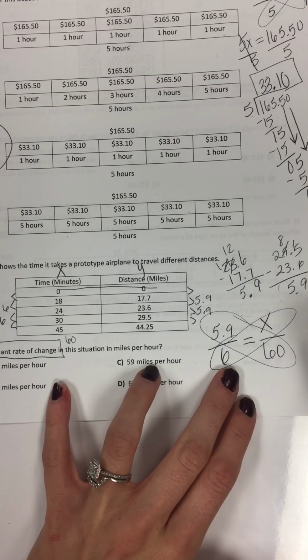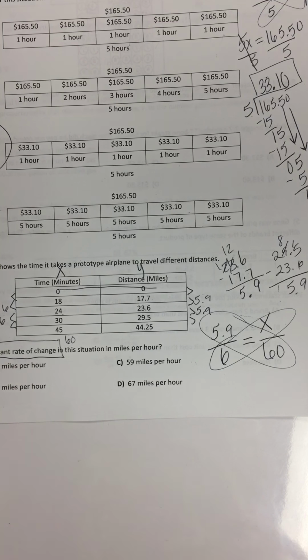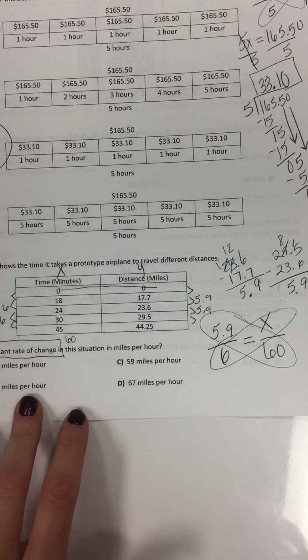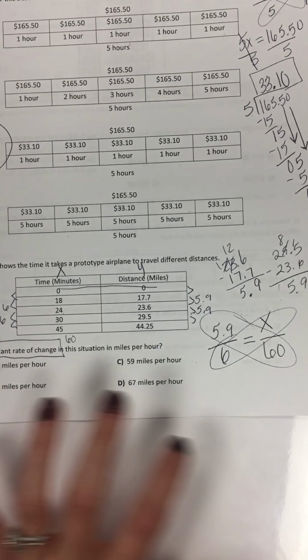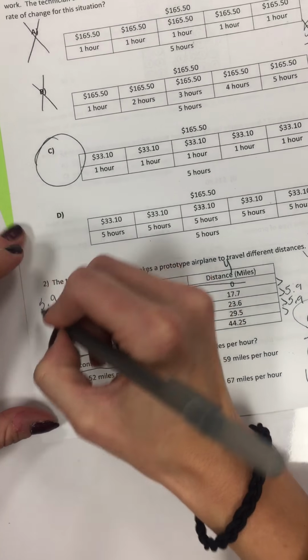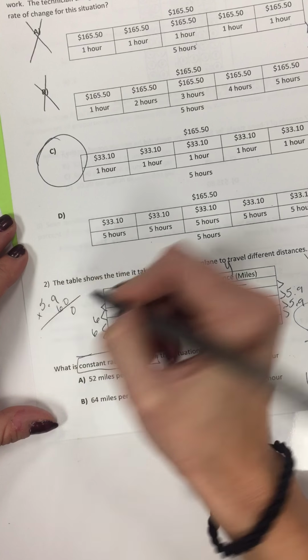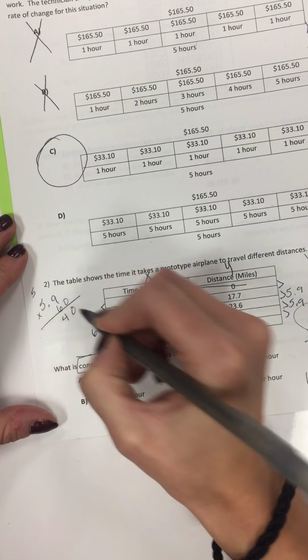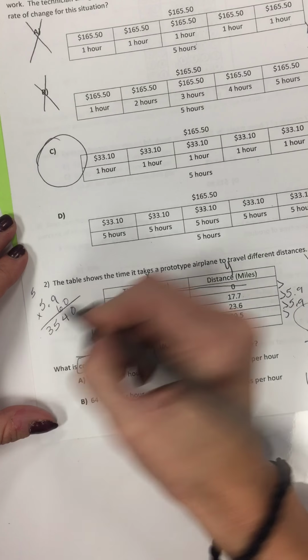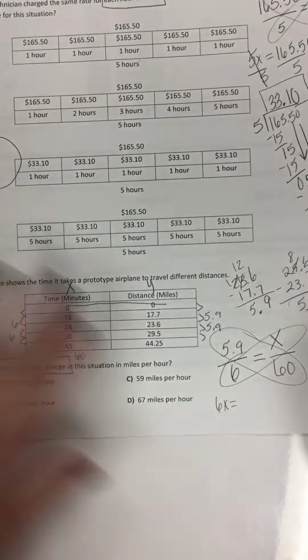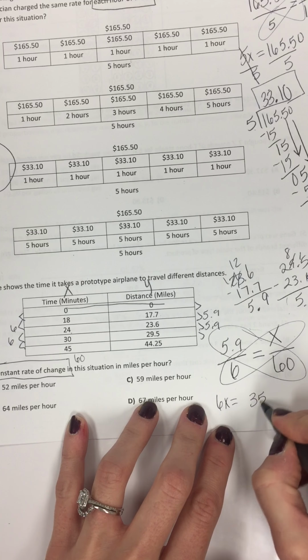So I've got 60 times 5.9. So let's see, 60 times 5.9. Well, let's write our equation. So 6x equals 5.9 times 60. Okay, so 354.